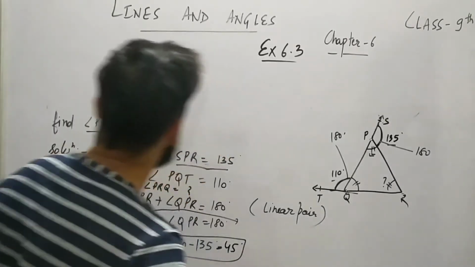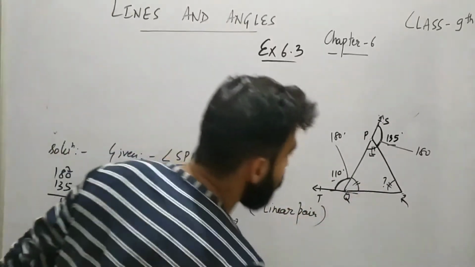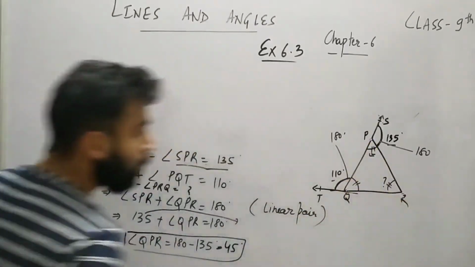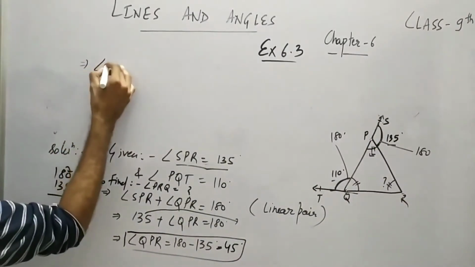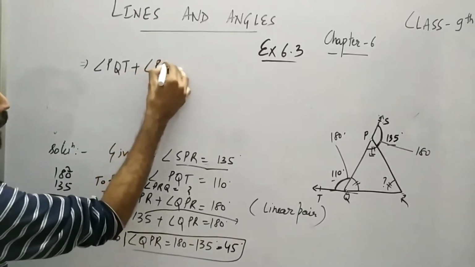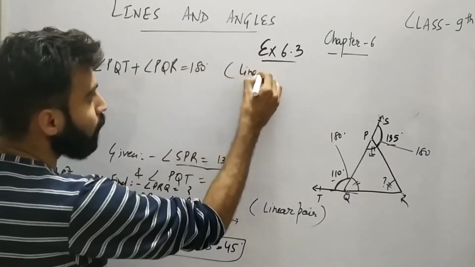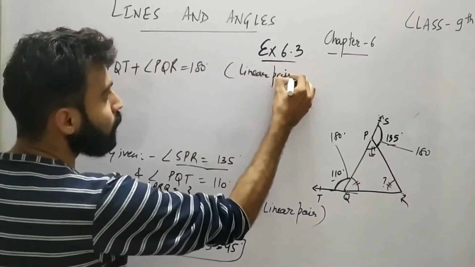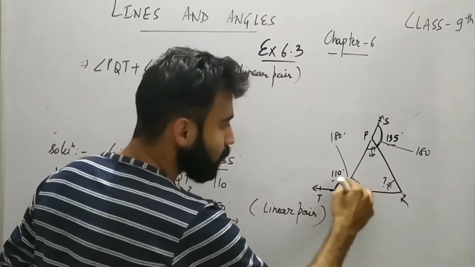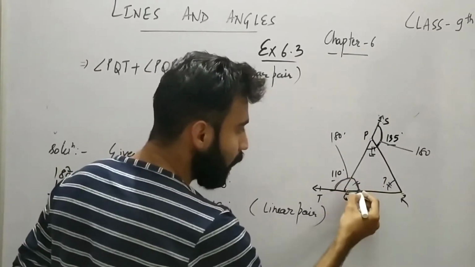Now let's move further to the next thing, to find this angle, which is named PQR. So we know that angle PQT plus angle PQR is equal to 180 degrees because they are a linear pair, right? You can see here both the angles are adjacent to each other. That means they are forming a linear pair, like 110 and this angle.